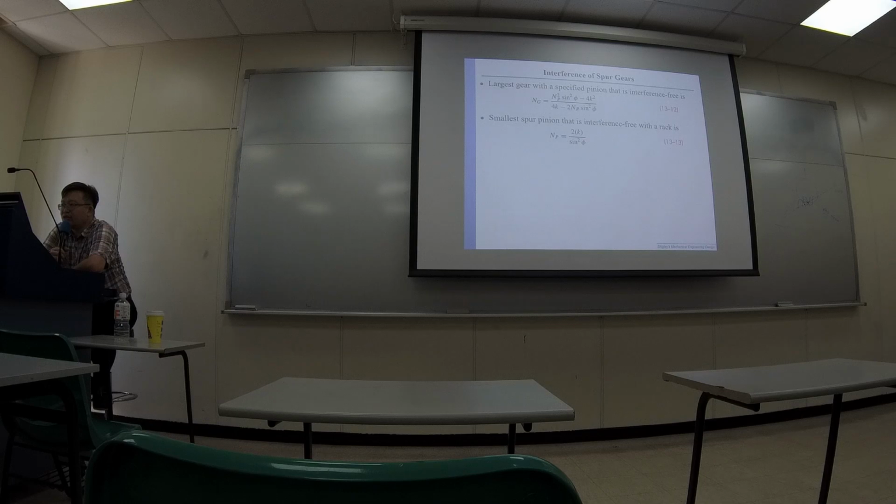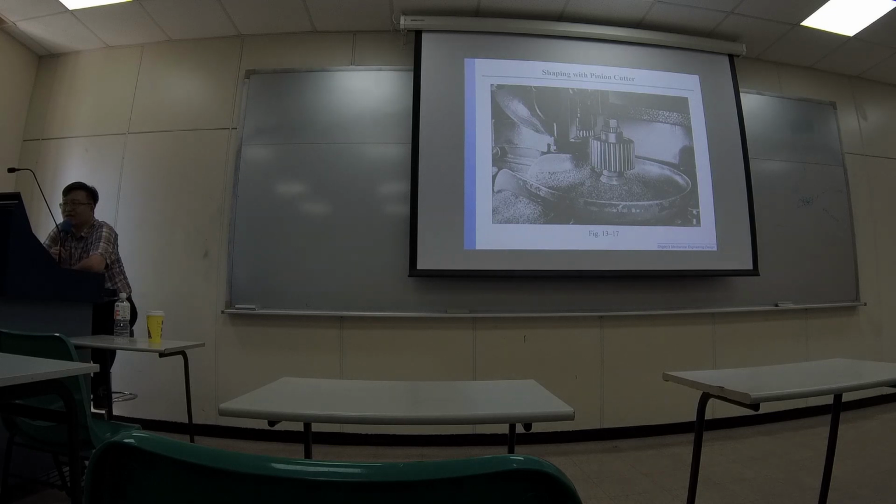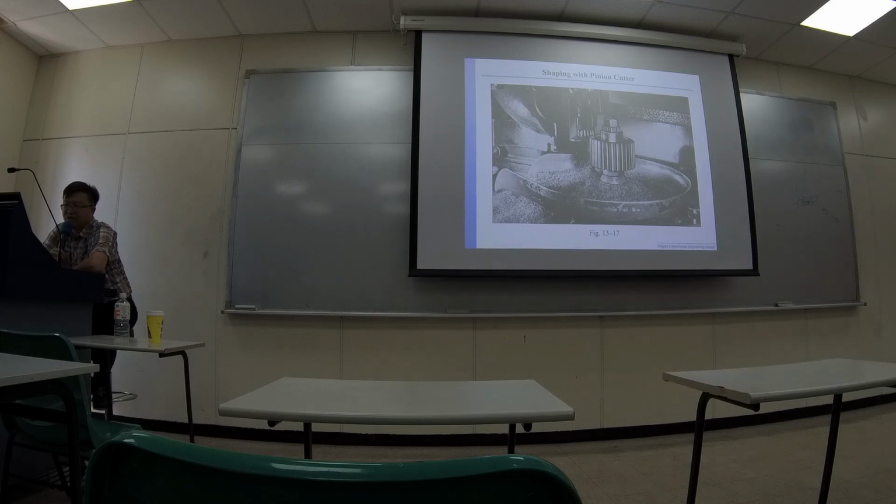I need to move on to shaping. This is a so-called pinion cutter. The cutter on the left has a gear shape, and it's a smaller gear shape, so it's a pinion. Basically, it's a gear-shaped cutter, and it's making cuts on the outer edge of the cylinder to form the shape of the gear.